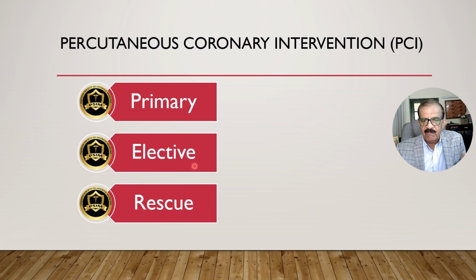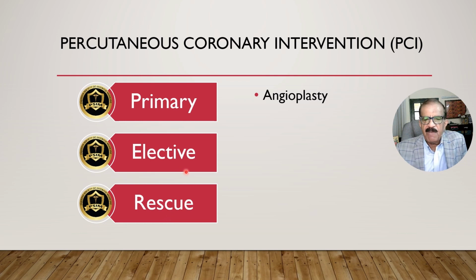Second is elective, when the patient is treated with pharmacological therapy in the acute setting, but sometime later, whenever that patient can get an appointment, PCI is done electively. Then rescue PCI, that means pharmacological therapy was tried, but that didn't work. So as an emergency, the patient was offered PCI.